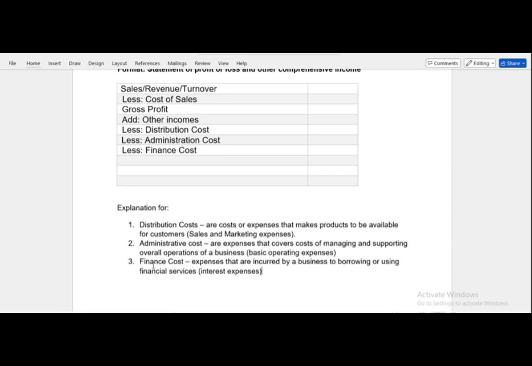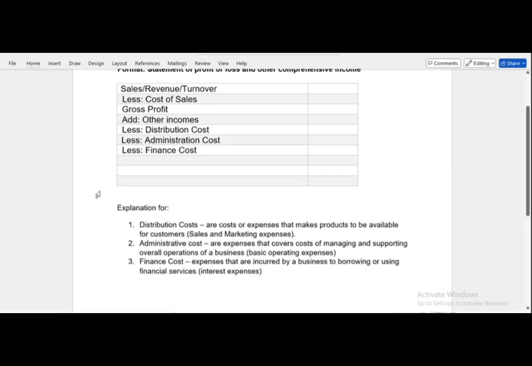Those types of interest form part of the finance cost, right? So finance costs are interest expenses. Okay, easy as that, but just to put more information on a better scale of understanding.